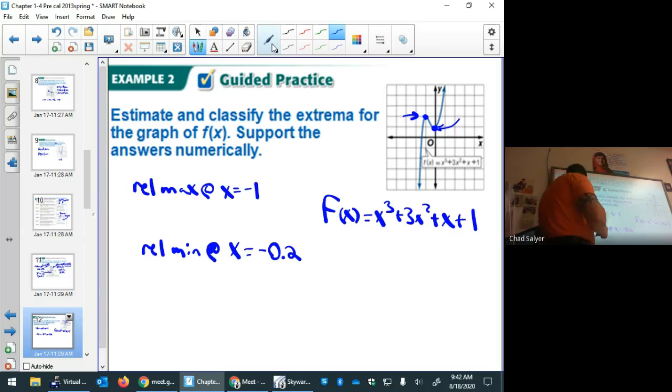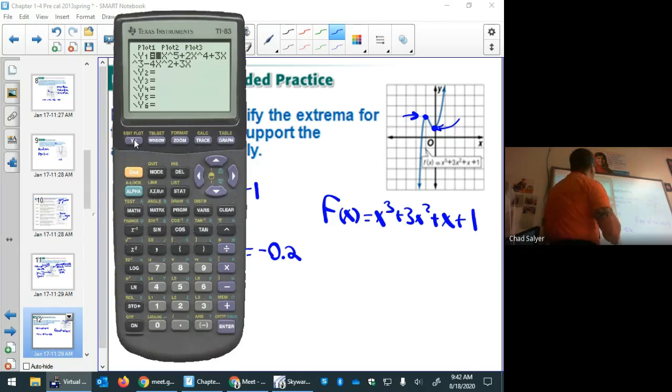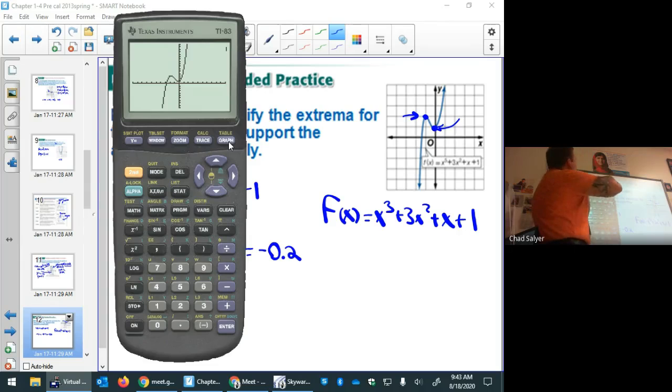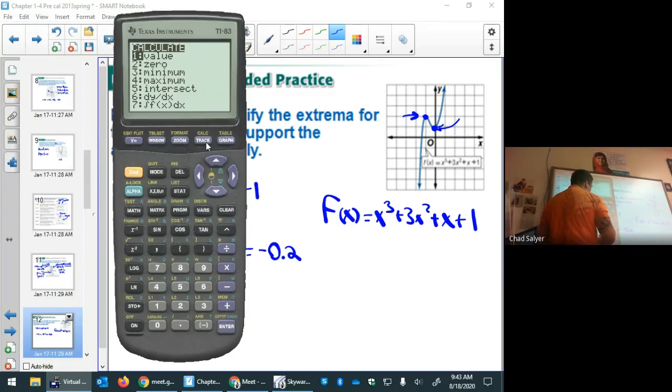All right, let's put it in our calculator and see. So I go to y equals, clear out whatever mess is there. x cubed plus 3x squared plus x plus 1. And if I graph this, I'll see those 2 points. So second trace, maximum.